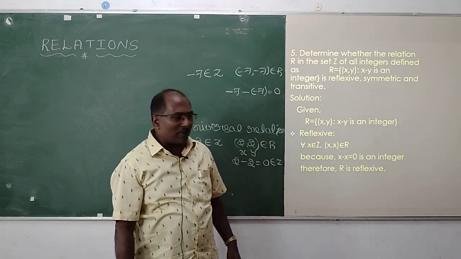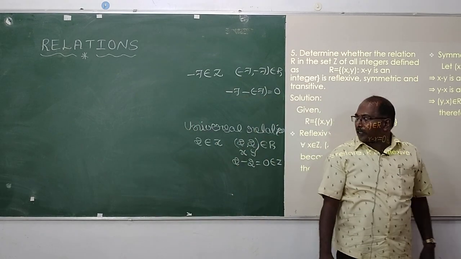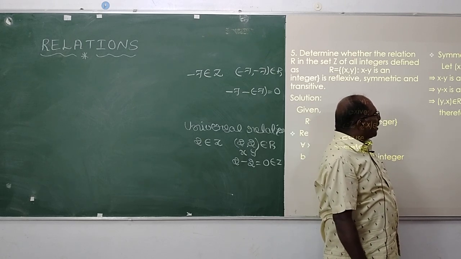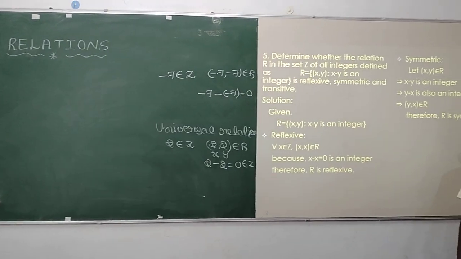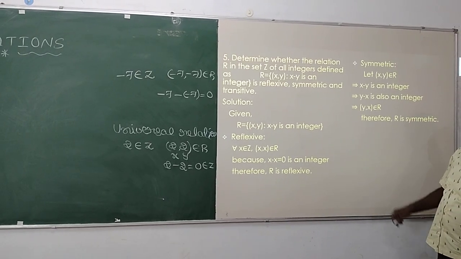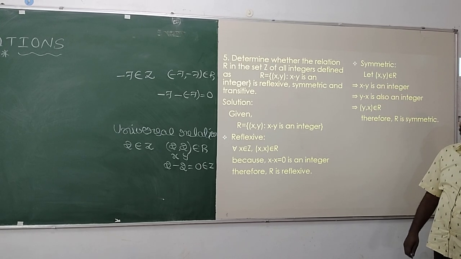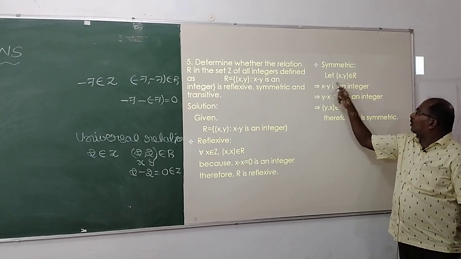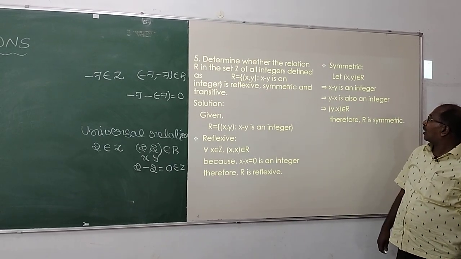Now, let us determine whether R is symmetric or not symmetric. Students, here I kept the relation in set builder form. In the previous class, I explained how to determine the symmetric and transitive nature of the relation when R is in set builder form. Here, I assumed an ordered pair x comma y belonging to R. Since x comma y belongs to R, we know x minus y is an integer according to the given mathematical relation.